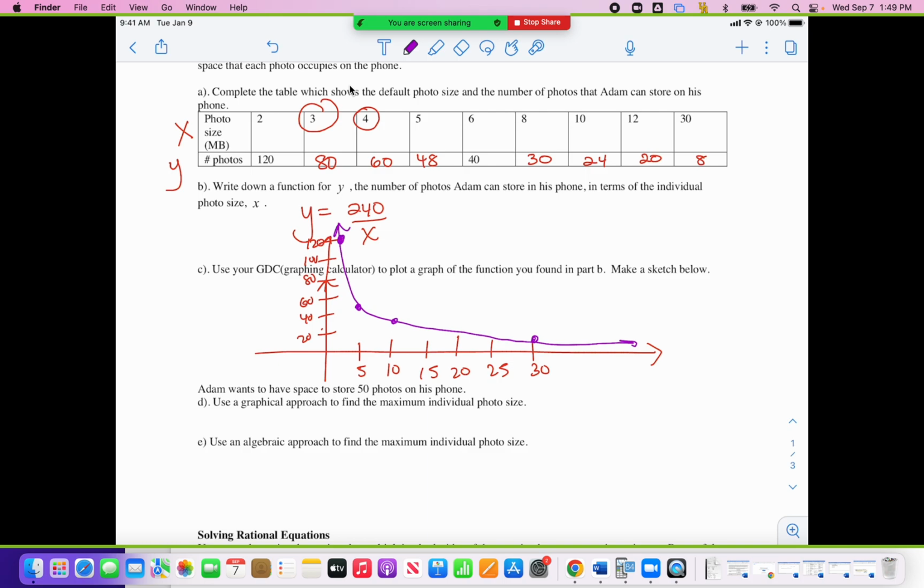Can x be negative? Can you have a negative photo size? No. So let's talk about domain, and you can't have 0 either, so I would say that my domain is x is greater than 0.